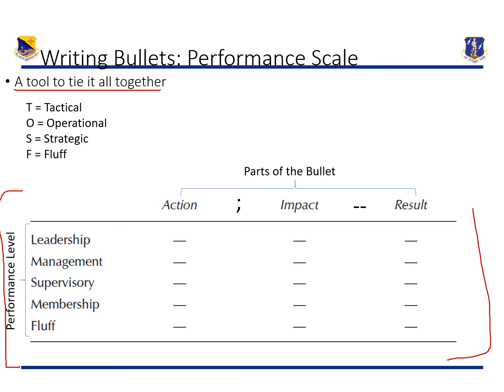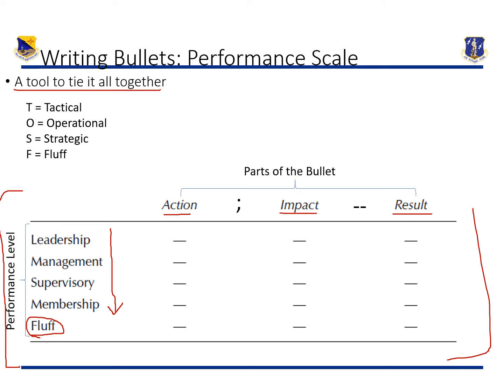As you can see, we have the three parts of the bullet: the action, the impact, and the result. On the left-hand side, we have the levels of performance, and a little section down here for fluff. I'm sure at this point many of you know what fluff is.